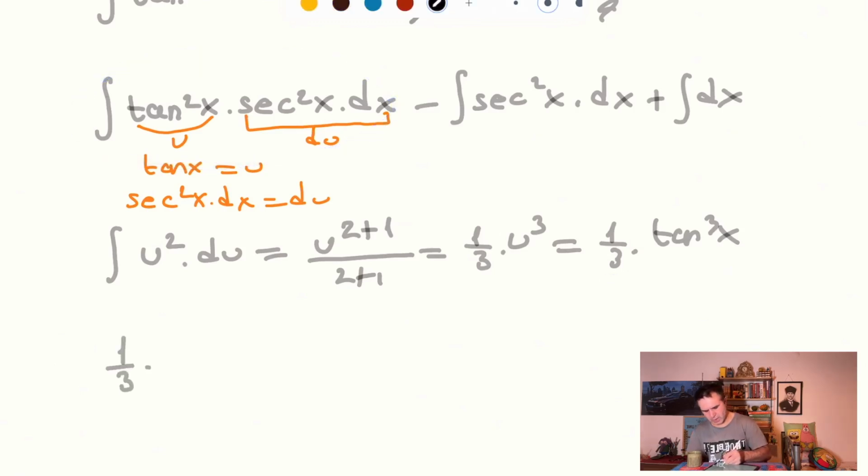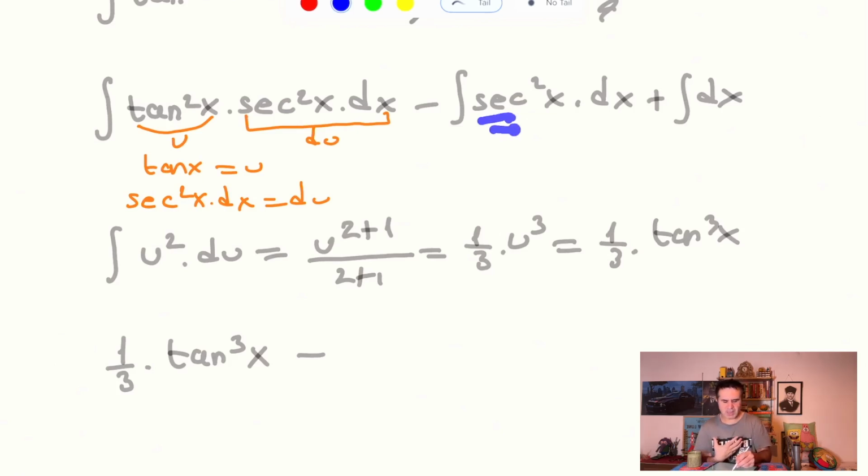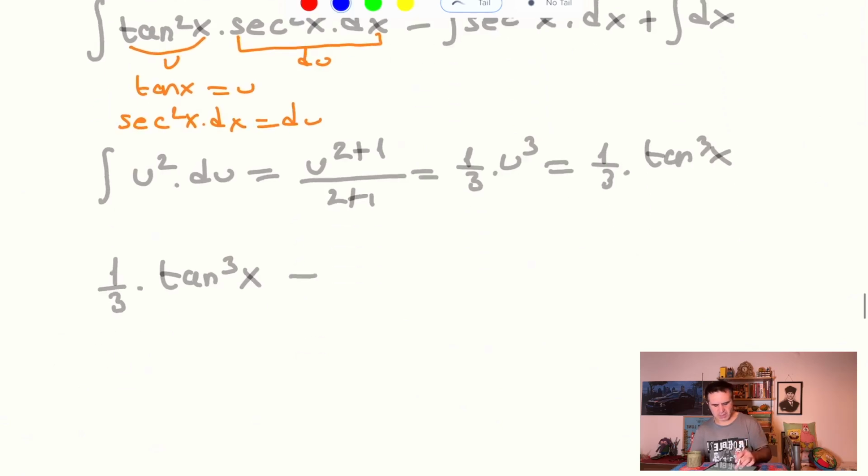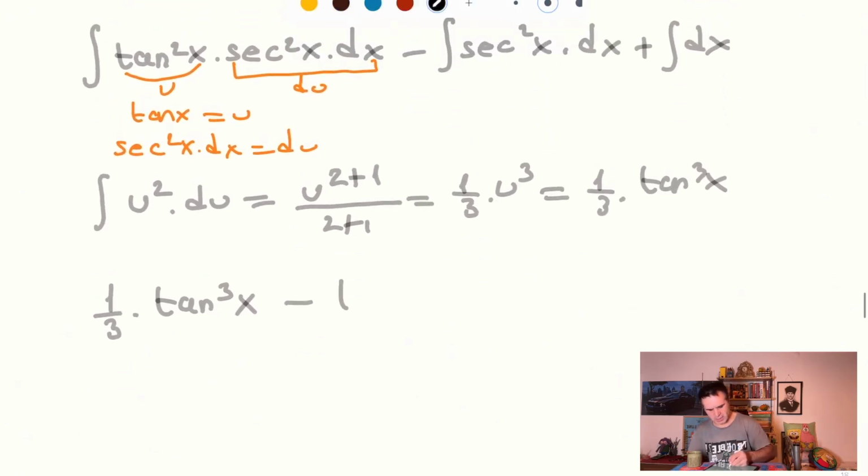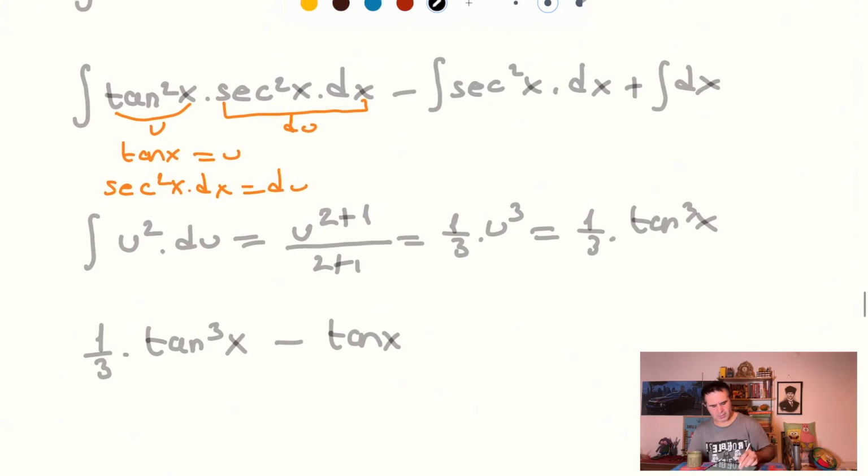Minus, we know that the derivative of tangent x is secant square of x. Then the integral of secant square of x is tangent x. So minus tangent x, and plus the integral of dx.